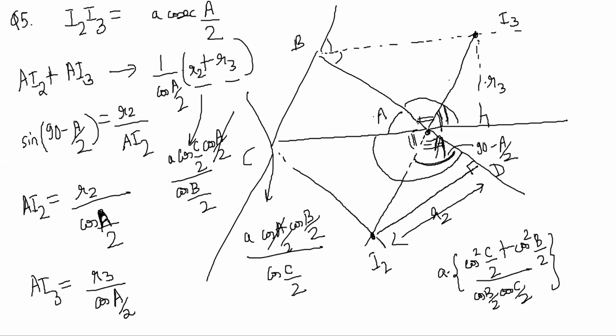Okay, let's go to the next page and do it. Let's draw the figure. Okay, we have made a mistake in labeling. So let's label it like this, ABC.